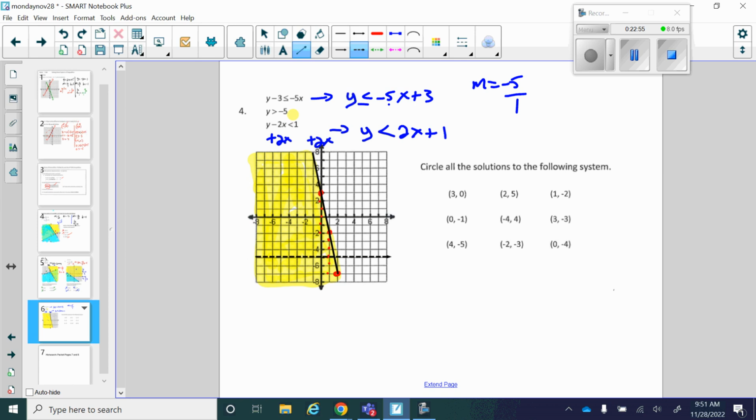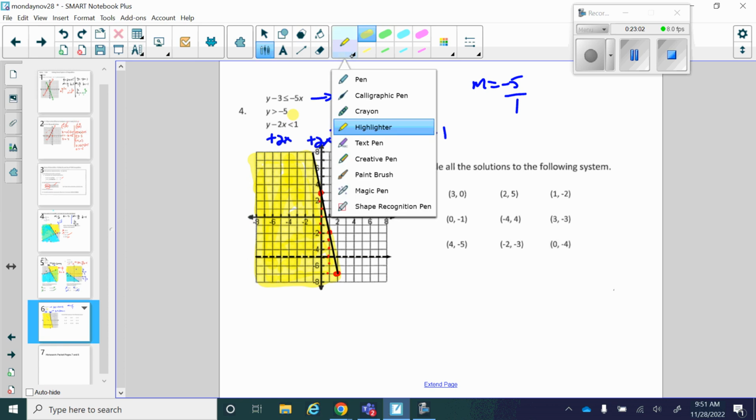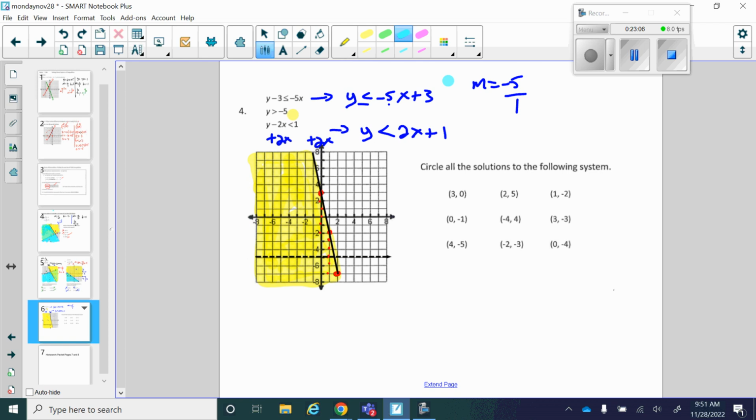And I'm shading above the line. Let's go with blue. Everything above this line I'm shading.